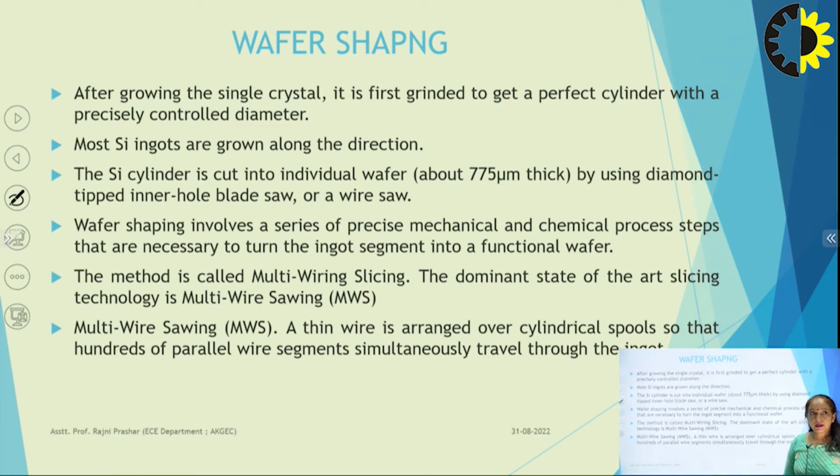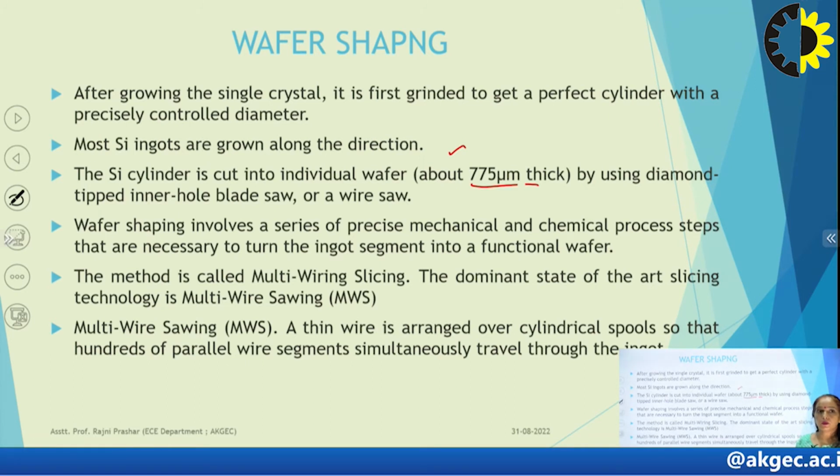Most silicon ingots are grown along the direction, and the silicon cylinder is cut into individual wafers with a thickness of 775 micrometers, using a diamond-tipped inner hole blade saw or wire saw. Wafer shaping involves a series of precise mechanical and chemical process steps that are necessary to turn the ingot into sectional wafers, and this method is called multi-wire slicing, that is MWS, and it is the dominant state of the art of slicing technology.